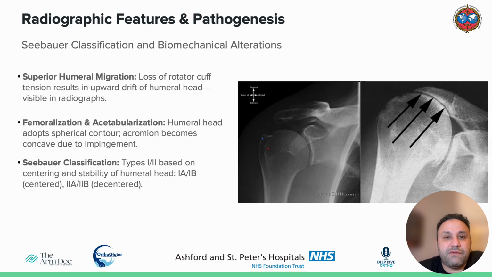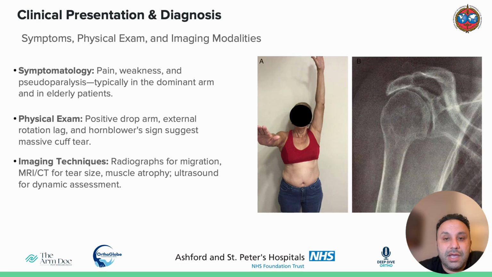You can see superior radiographic analysis here gives you key insights into the biomechanical failure patterns of rotator cuff arthropathy. As the rotator cuff loses function, the humeral head migrates superiorly, an unmistakable hallmark on plain radiographs, as you can see on the right side, and the superior migration leads to two characteristic morphologies: femoralization of the humeral head and acetabularization of the acromion.